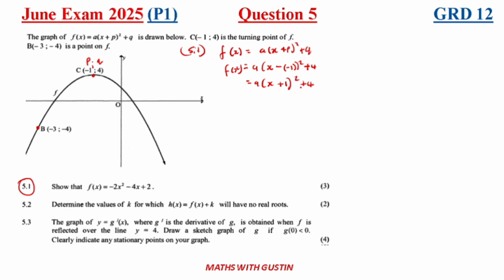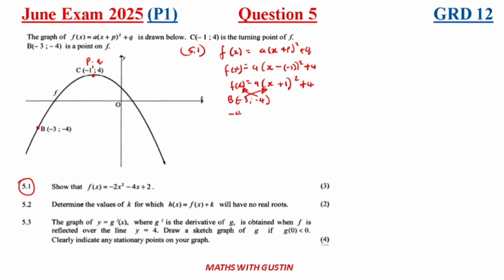plus 4. Okay, so now once you are here, you would see that you need to find the value of a. The only way to find the value of a is to utilize the random point, which is point b, given by -3 and -4. Right, so we're going to put our y value there, and then we're going to put our x value where there's x.